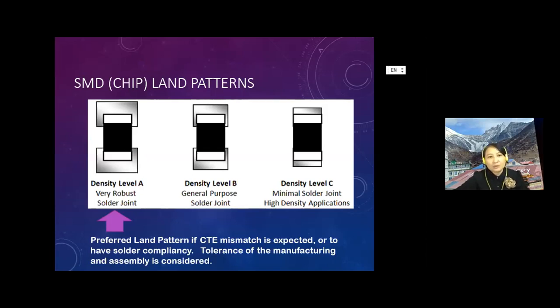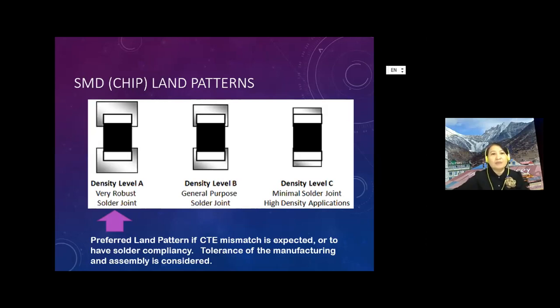Also, in terms of CTE mismatches, this is another key concept that we teach in the training. If you have a CTE mismatch between the component and the PCB board, there is a thermal expansion that will cause the solder joint to break if you don't design them properly.